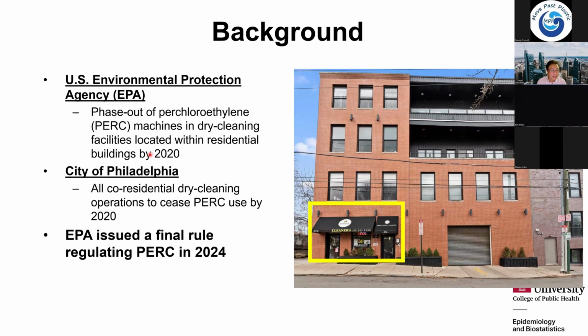All the dry cleaning machines located within residential buildings, as you see on the right side of this slide, had to be removed by 2020. And the city of Philadelphia also followed those regulations. Now, in the city of Philadelphia, all residential dry cleaning operations completely do not use perc in their facilities.